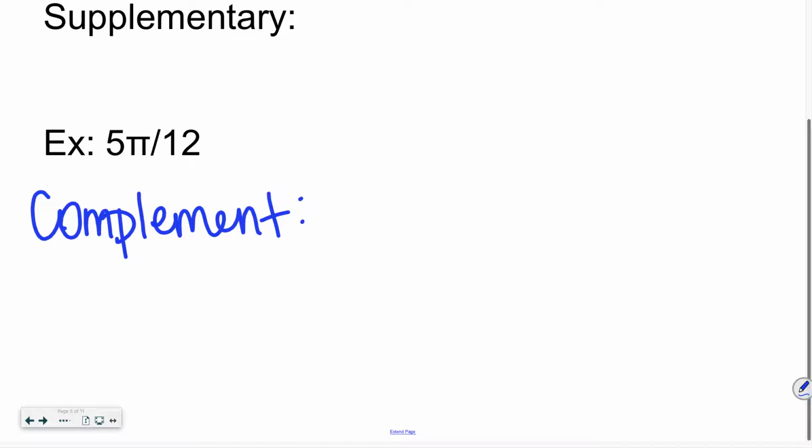So if I give you a value, what do you need to do with it? Okay, so 5 pi over 12 plus its complement equals pi over 2. Is that kind of what you're telling me? Yeah. Okay. Which means to figure out what our complement would be, we would have to subtract, right?